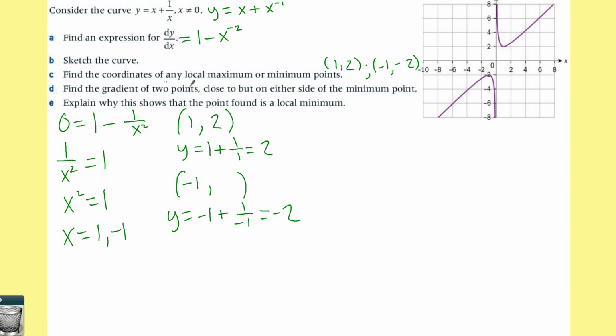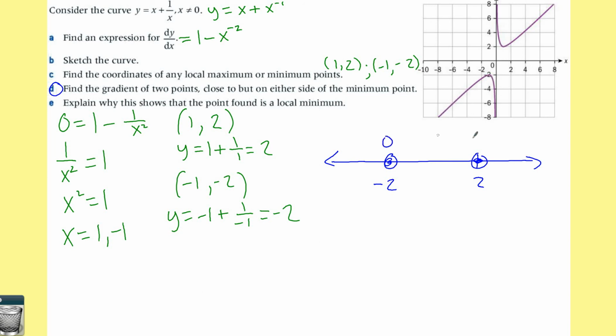Now find the gradient of the 2 points close to, on either side of, the minimum point. So let's look at D. If we look at something like an x-axis, just a number line, we've got the 2 x values we plugged in, and at those my slope, my derivative, was 0.